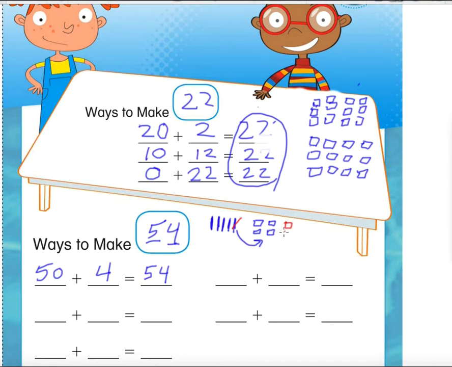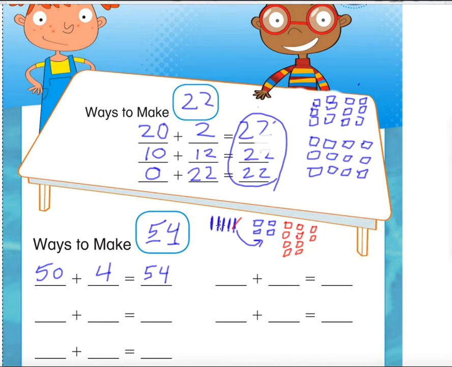2, 3, 4, 5, 6, 7, 8, 9, and 10. So if we took 10 and brought it over here, how many 10s do we still have? Well, we have 10, 20, 30, 40.